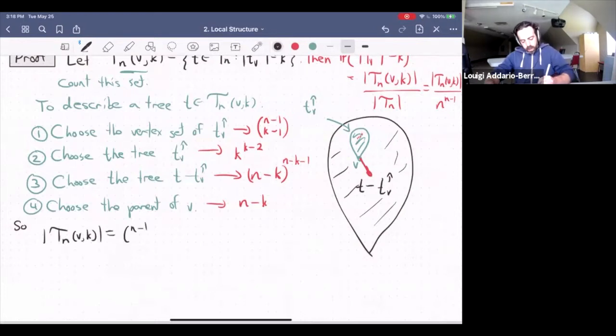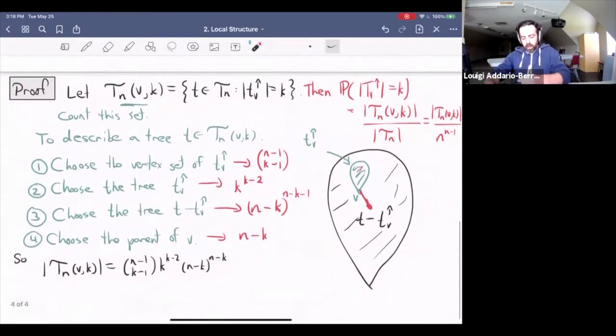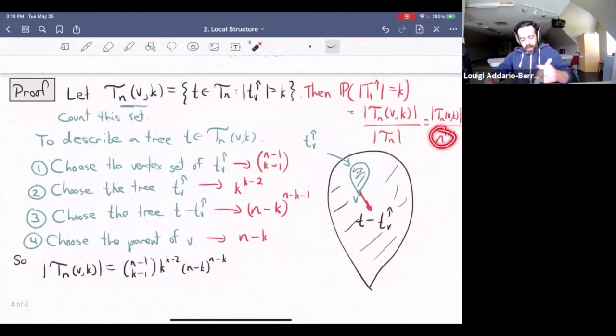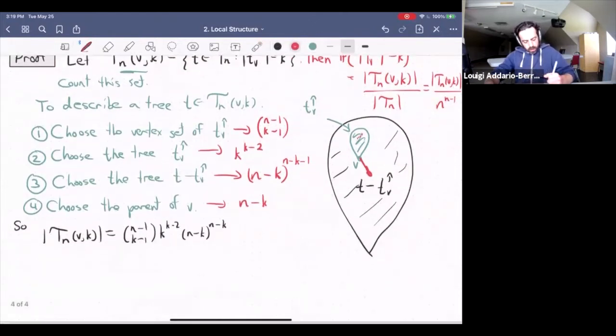So the answer is (n minus 1 choose k minus 1) times k to the k minus 2 times (n minus k) to the n minus k minus 1, plus another power of 1 here. It gives (n minus k) to the n minus k. And I said that the probability I'm interested in computing is the ratio of that and n to the n minus 1. So let's do that. We want to divide through by n to the n minus 1.